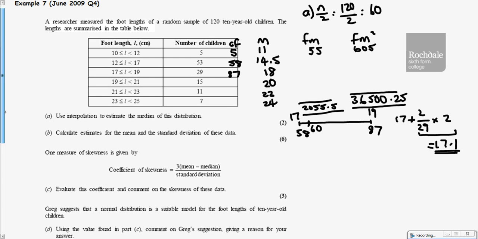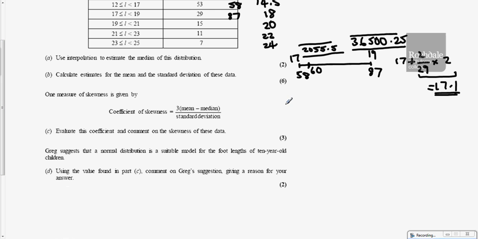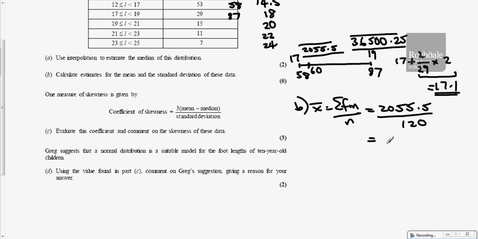The next step is to substitute those into the formula. So the mean is the sum of FM over N. So it's 2055.5, and I think in this question there were 120 students. So an estimate of the mean would be 17.1, which is the same actually as the median. The standard deviation would be, again, always write out the formula that you're using and show where you're substituting the values.